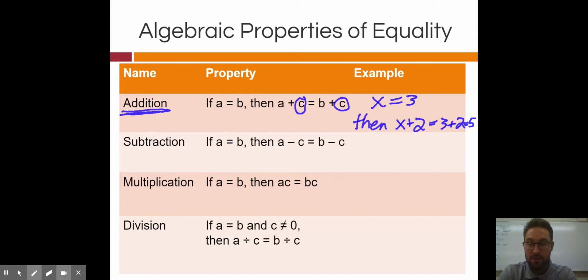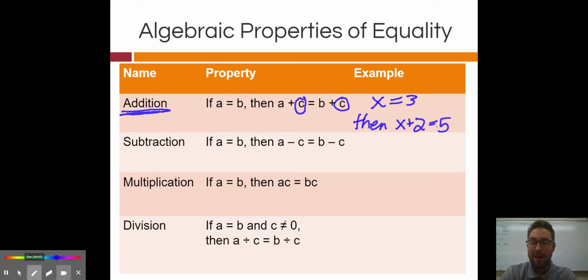Is this a true statement? Let's erase a little bit of this to clean it up. If I'm telling you x equals 3, then would x plus 2 equal 5? Yeah, because 3 plus 2 equals 5.